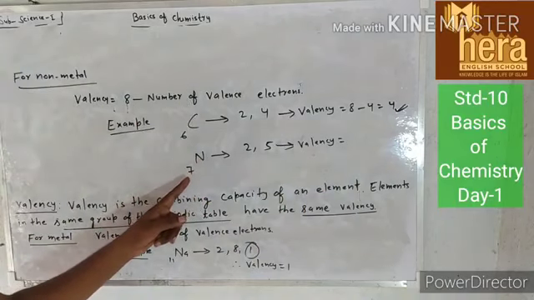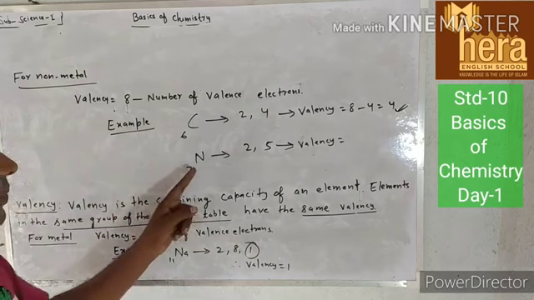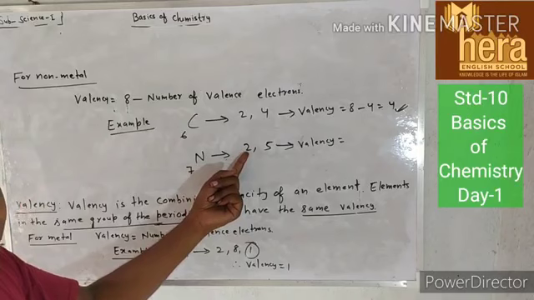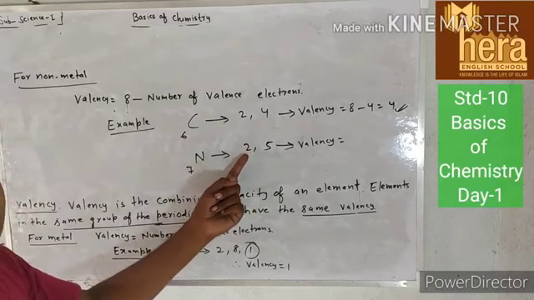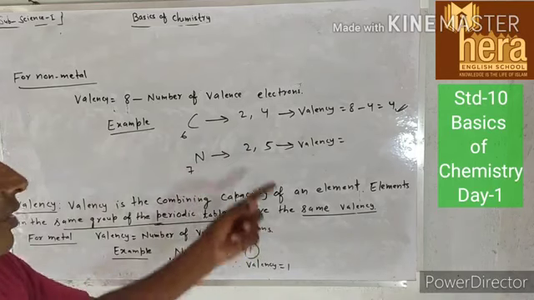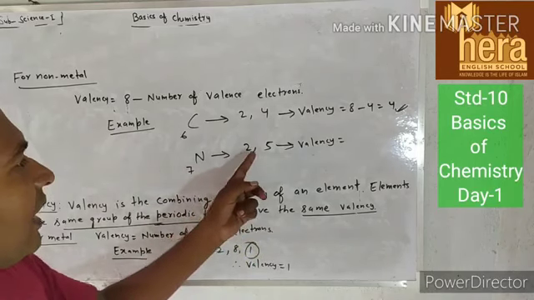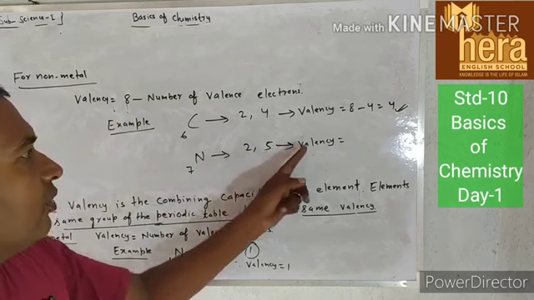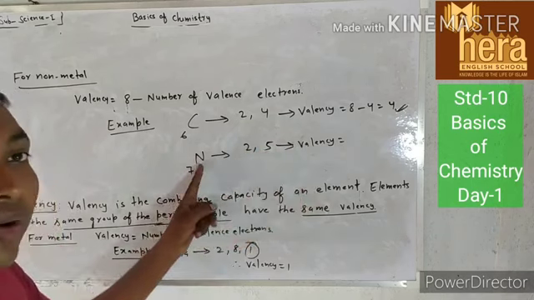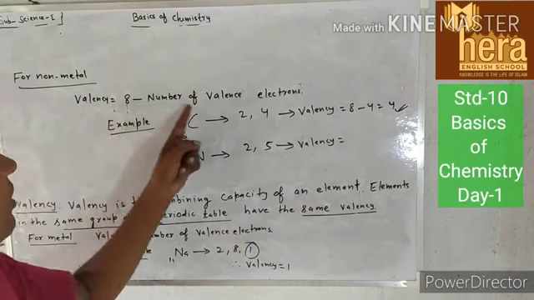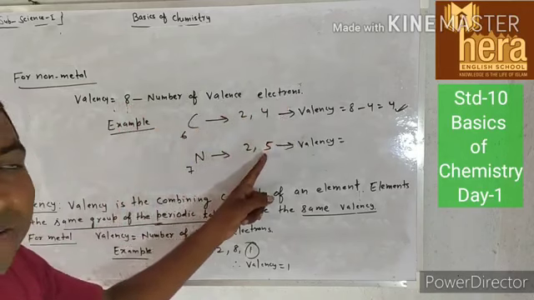Nitrogen, N7. 7 is the atomic number of nitrogen. Its electronic configuration will be 2, 5. It means in the first orbit, that is the K shell, there are 2 electrons, and in the L shell there are 5 electrons. Since nitrogen is a non-metal, its valency will be 8 minus the number of valence electrons. Here the valence electrons are 5.